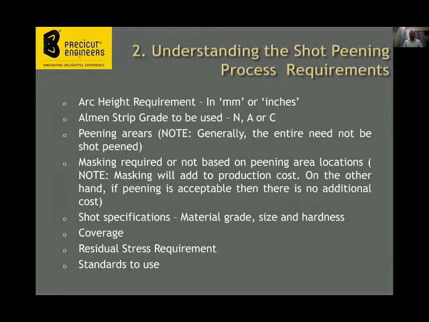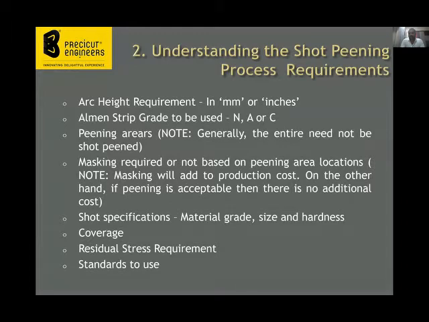Now first we'll directly see what a typical requirement for the shot peening process looks like. Generally speaking, a client will give you a shot peening requirement, which will first show the arc height, given in mm or inches.